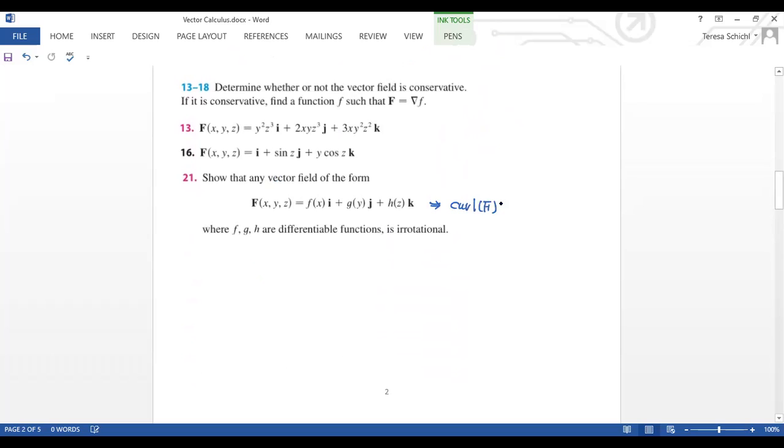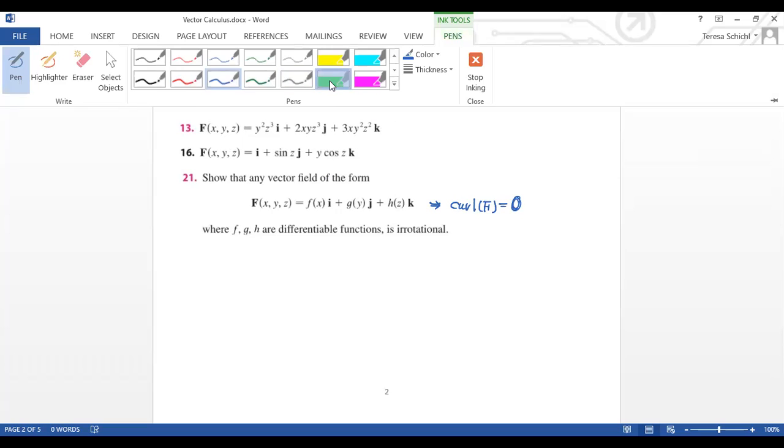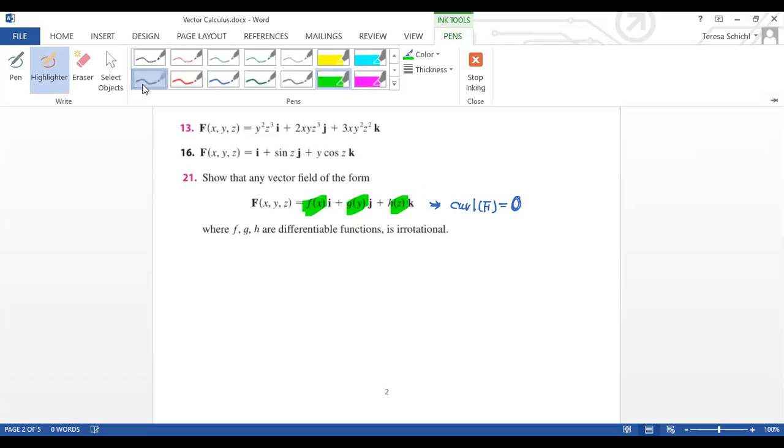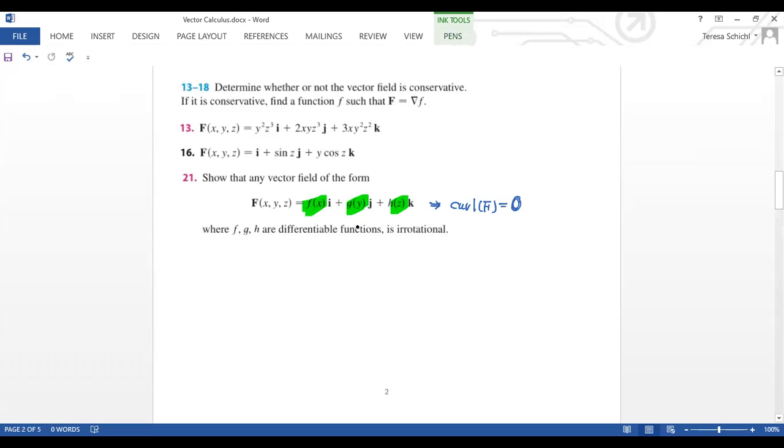F is what? It is a zero vector. So here is your P, Q, R. If P is only a function of x, Q is only a function of y, and R is only a function of z, we can just compute the curl of F here, right?